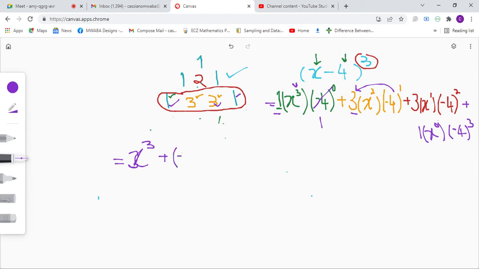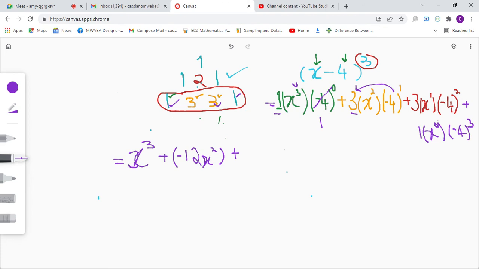For now, just put it in brackets, negative 12x squared, plus negative 4 to the power 2 is 16. 16 times 3, let me just get my calculator. 16 times 3 is 48.